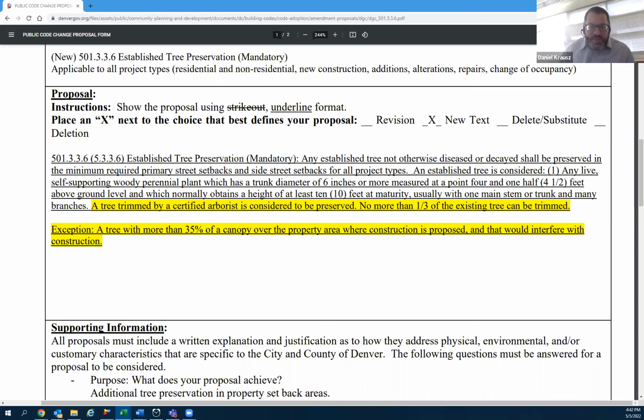But just to add something I forgot to mention before, in response to maybe it was Jonathan: the final sentence that was added to the section before the exception is that a certified arborist can trim the tree up to 1/3. So again, you have a tree that's located in the setback, so only a portion of the canopy is in an area that you could have constructed in, and you can probably trim a whole bunch of that.